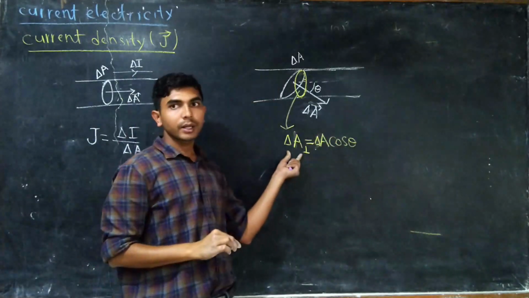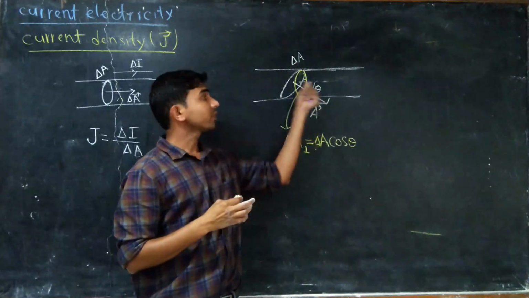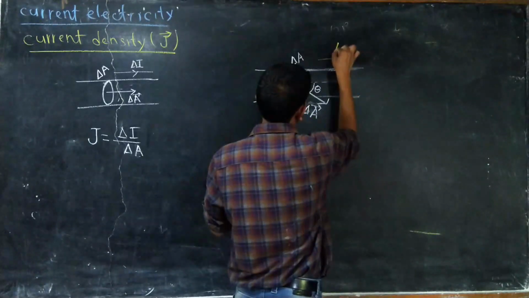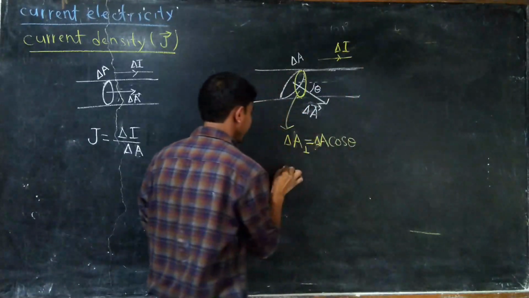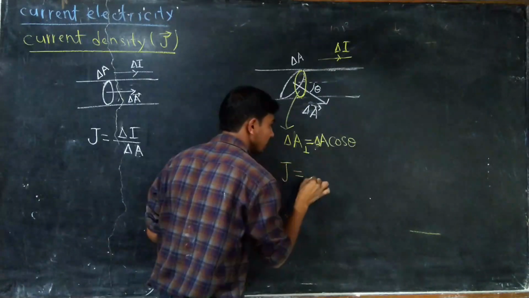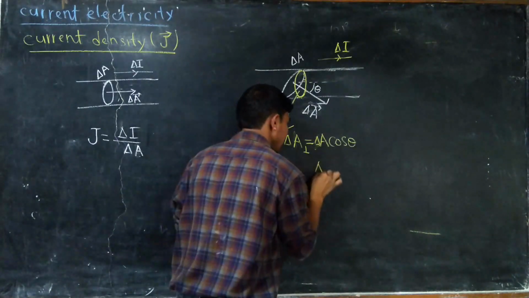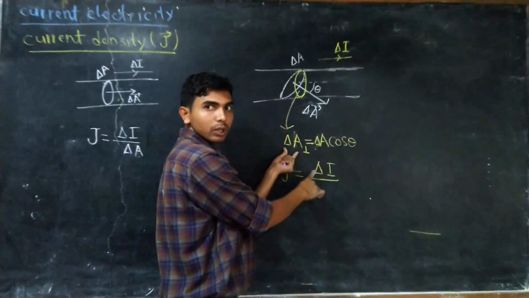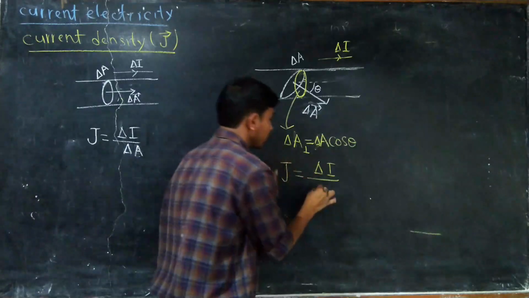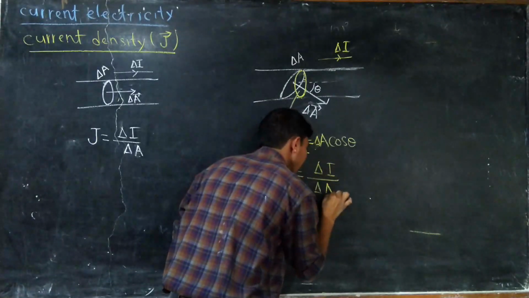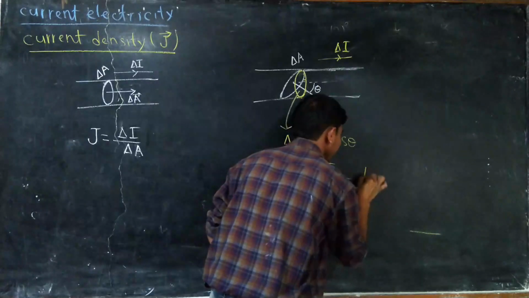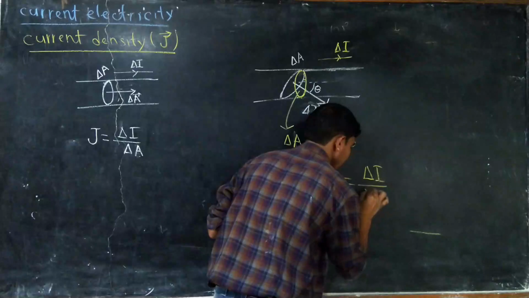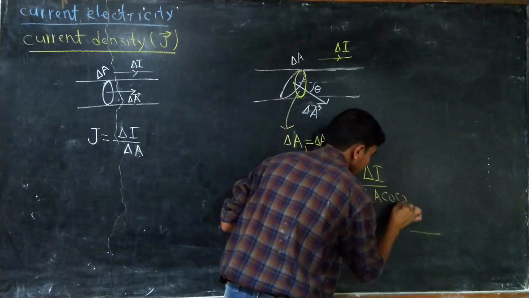Now, the perpendicular area is the area perpendicular to this current. Suppose this is your delta I. So the current density J is equal to delta I by the area perpendicular to this current, and that area is delta A perpendicular, which is delta A cos theta.